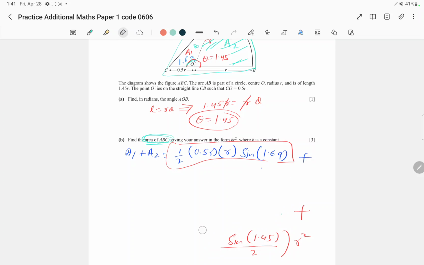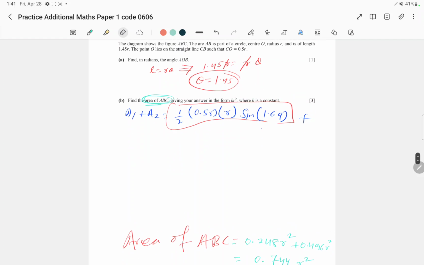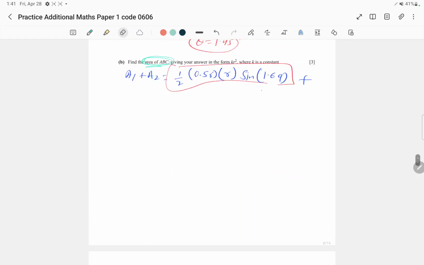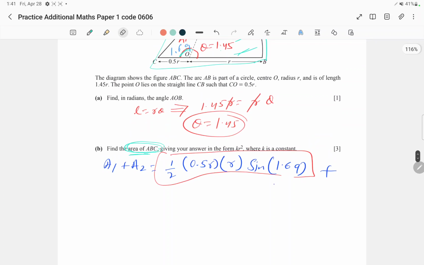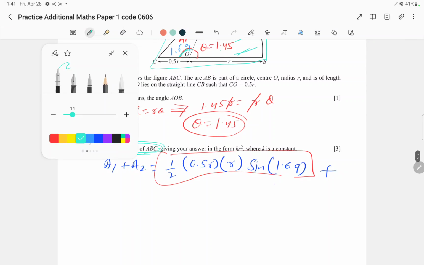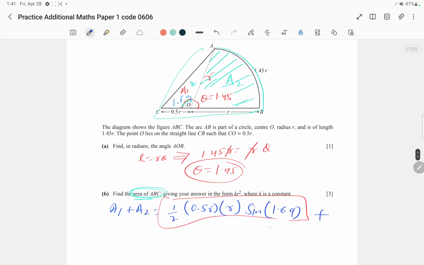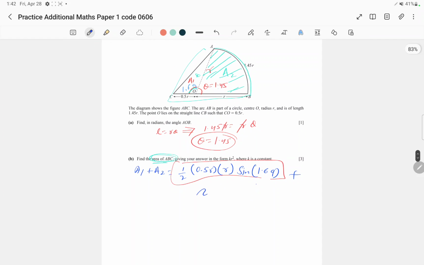If it is a triangle, then my answer is right. But actually it's not a triangle. So this time A2 is this part that's actually a sector. So 1 over 2 r squared theta. So 1.45.